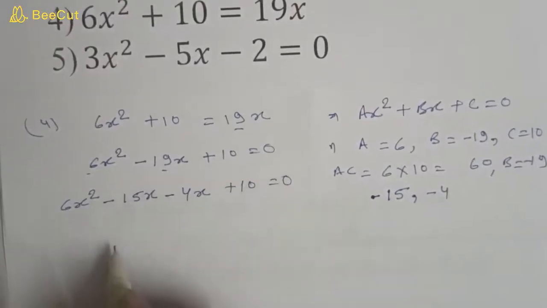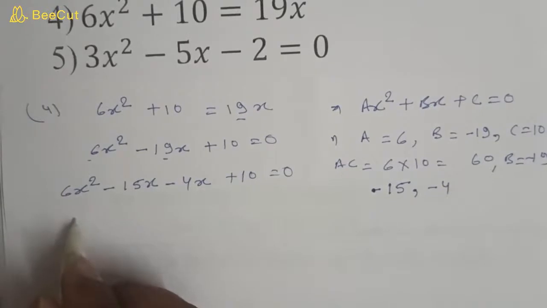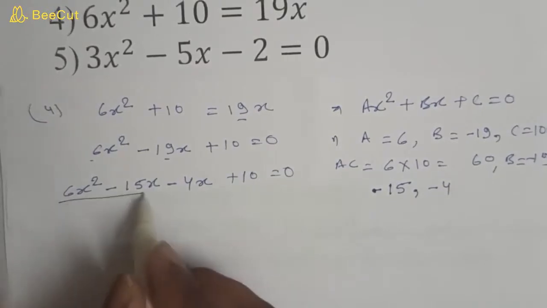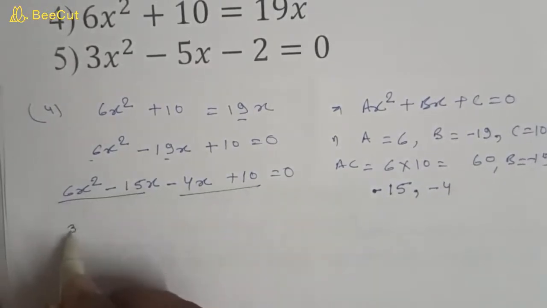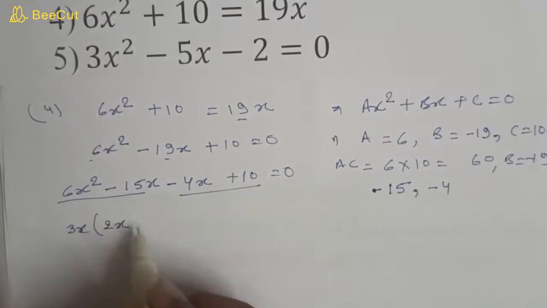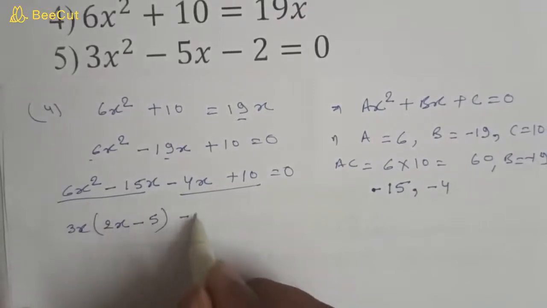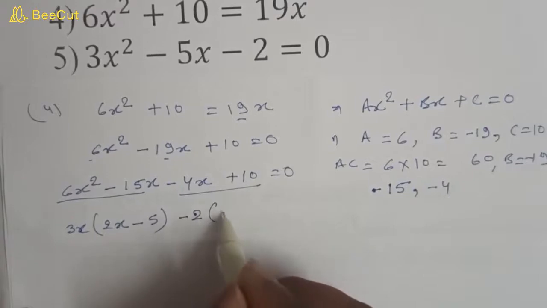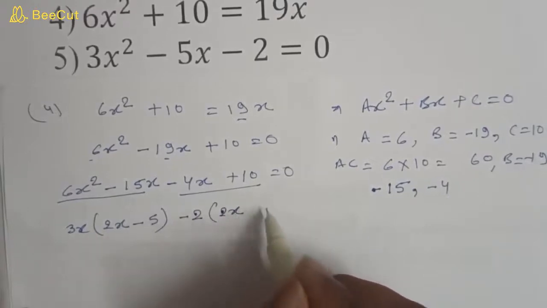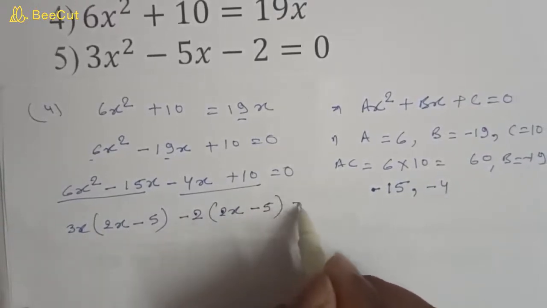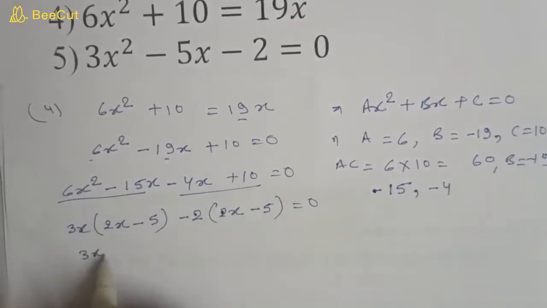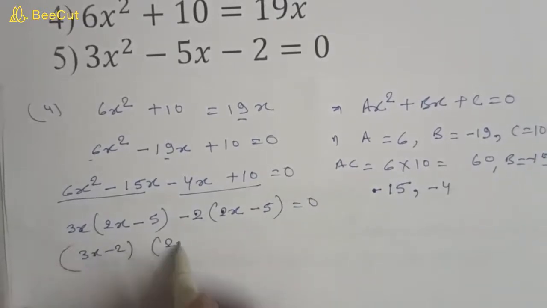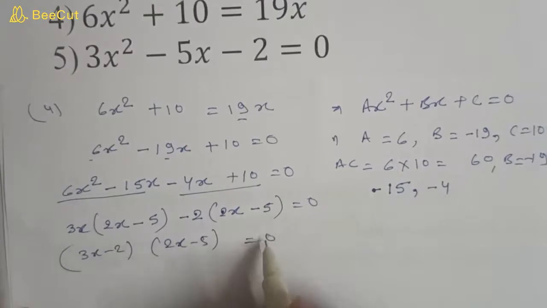Or we can write, if we take common here 3x, then we will get 2x minus 5. If we take common here minus 2, then we will get 2x minus 5 is equal to 0. So we will get 3x minus 2 and 2x minus 5 is equal to 0.